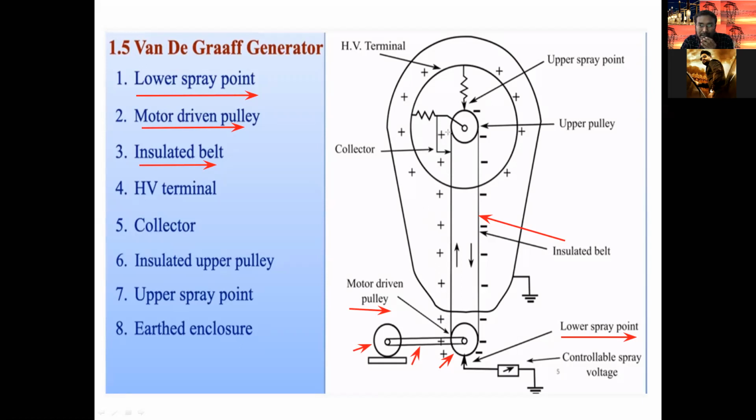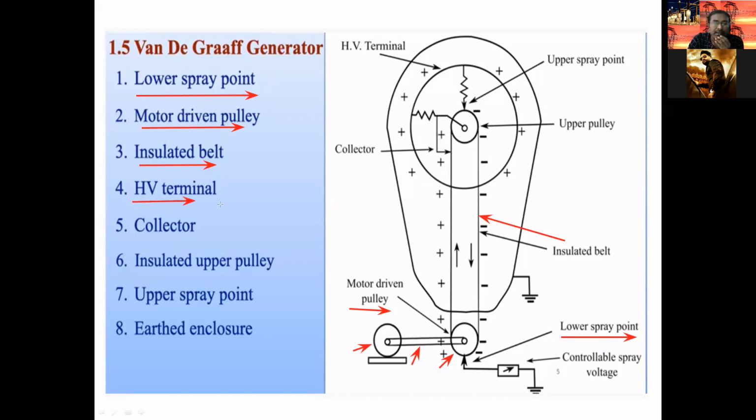That's why the distance between the bottom comb and upper comb is lesser. That's why it is rotating in this direction, so it is easy to collect the positive charges. If you rotate in the anti-clockwise direction, it travels more distance. So the arrangement is made like that.